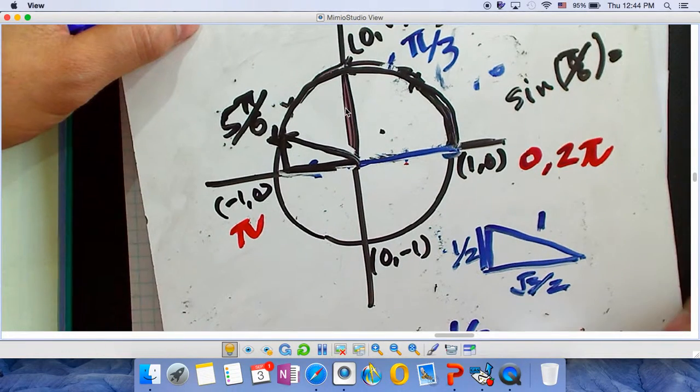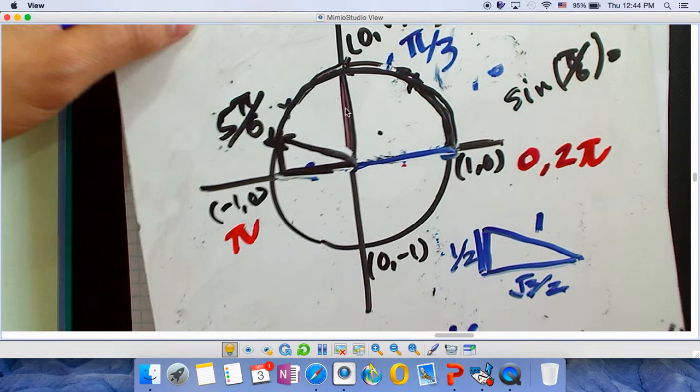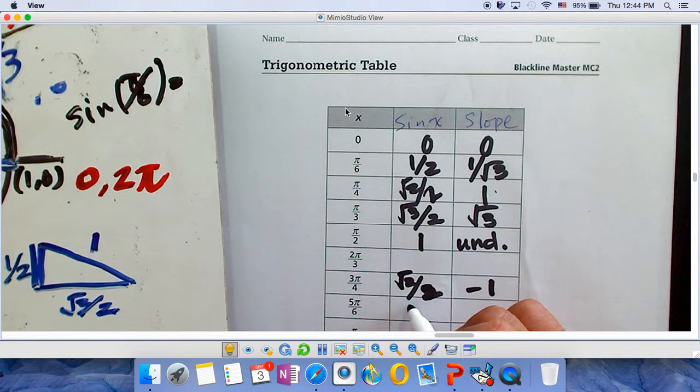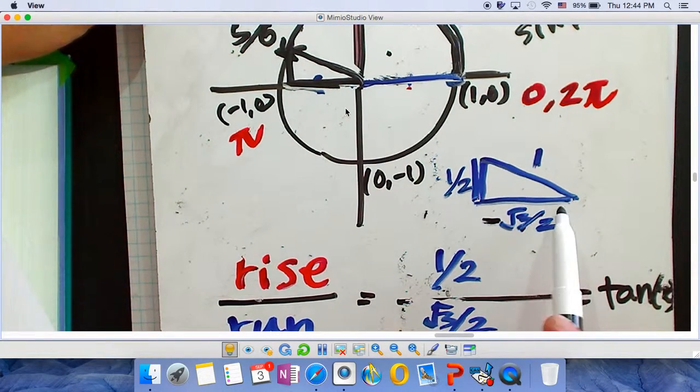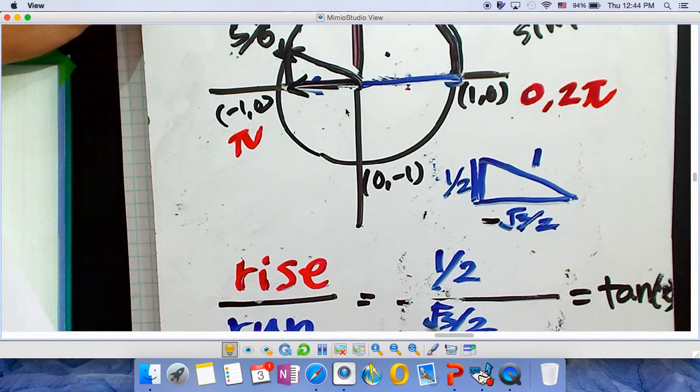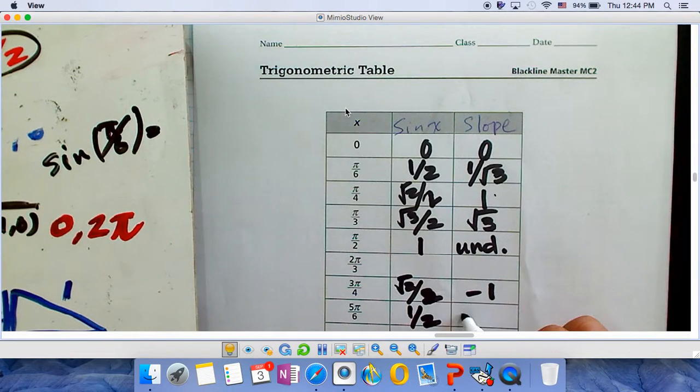So rise is a half, slope is 1 over square root of 3. Oh, wait a minute, I made a mistake right there. That should be negative because we are going negative right there. So the answer should be negative 1 over square root of 3.